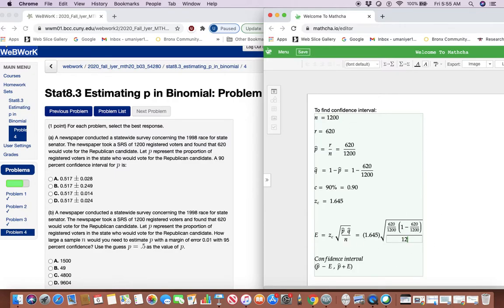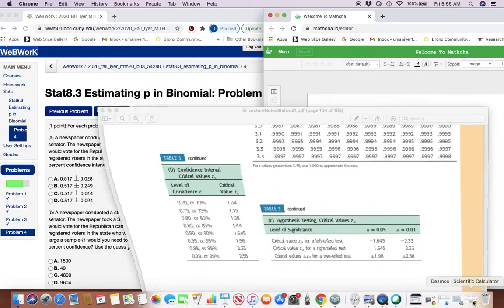N is 1200. We are going to calculate all this around P hat. So let's check, what is P hat?